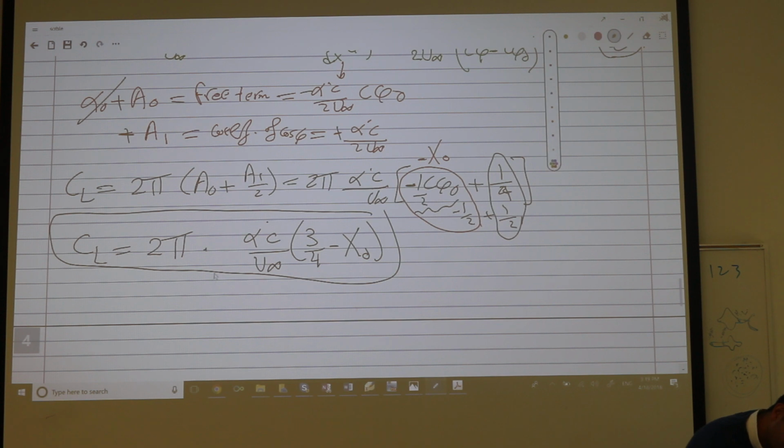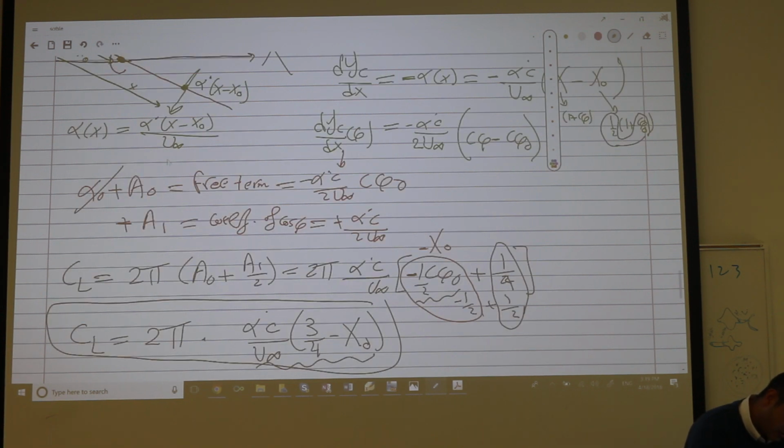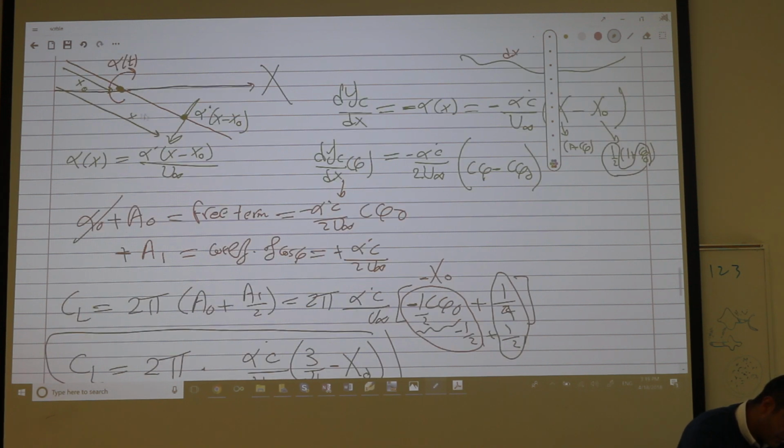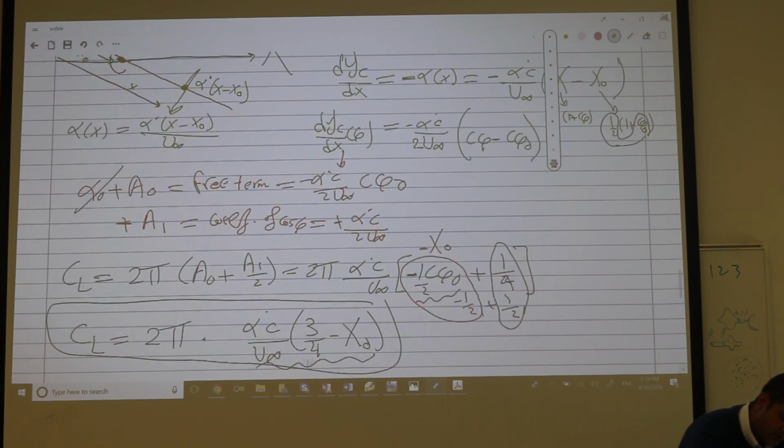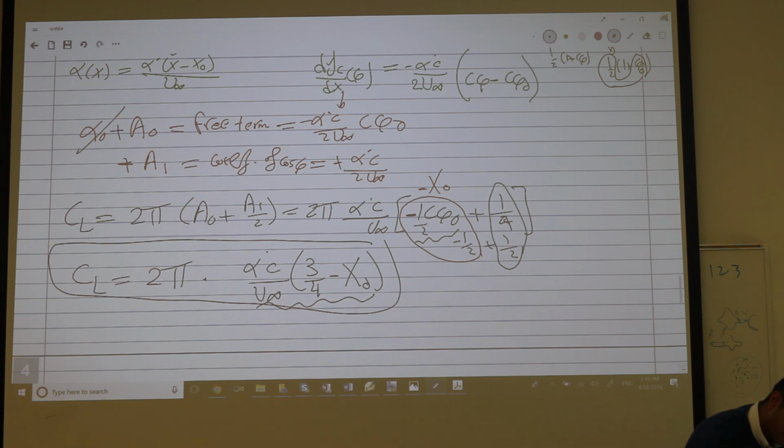Can you tell me what this is? Alpha dot multiplied by something, and this is 3/4 minus x naught, the distance between the 3/4 chord point and x naught. Alpha dot multiplied by this distance gives you the normal velocity at the 3/4 point, divided by U infinity. So what is this?